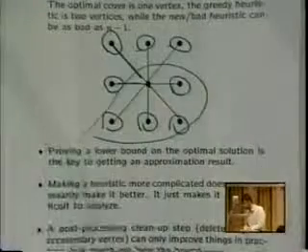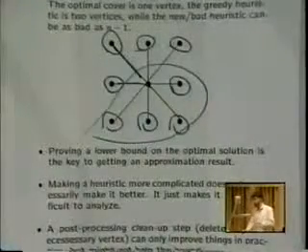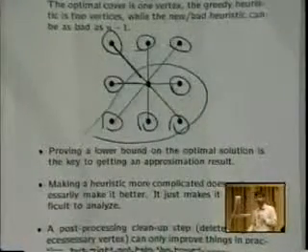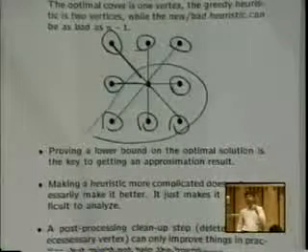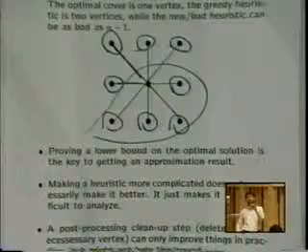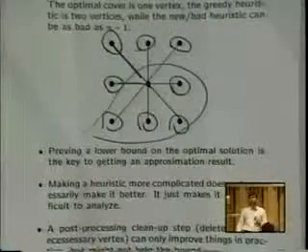Okay? So what's the take-home lesson here? The key idea to proving something about a heuristic is to come up with a lower bound on the optimal solution. It's very, very easy usually to come up with some kind of a heuristic that will give you some kind of a cover, or for the traveling salesman problem, some kind of an ordering. The trick is you want to prove that this ordering is almost as good as any possible ordering.